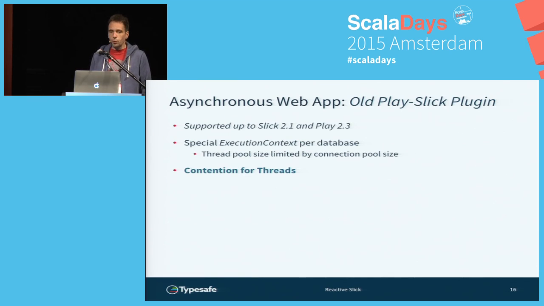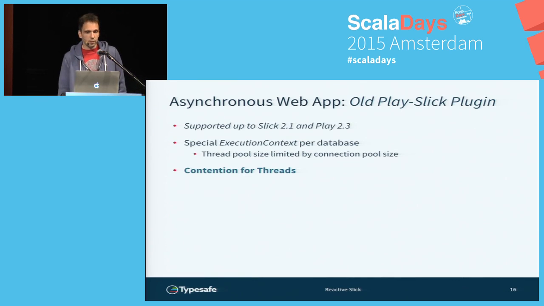So what you probably used instead with older Play versions is the Play Slick plugin, which integrates the old blocking Slick API into Play, and it's a bit more intelligent about this by using a separate execution context per database. That's already pretty good. There's a crucial difference to the previous model here, in that we now have contention for threads, because what we limit in size is mainly this thread pool.